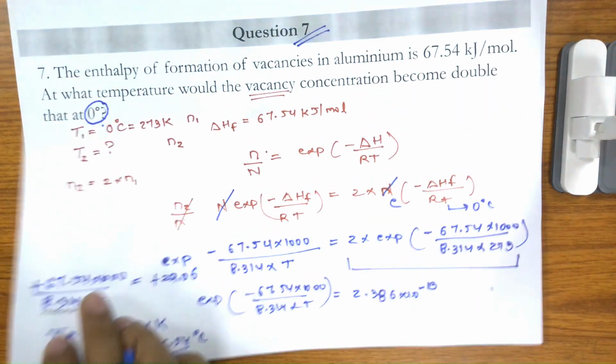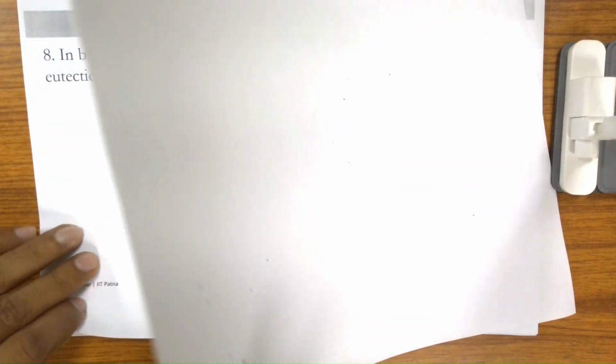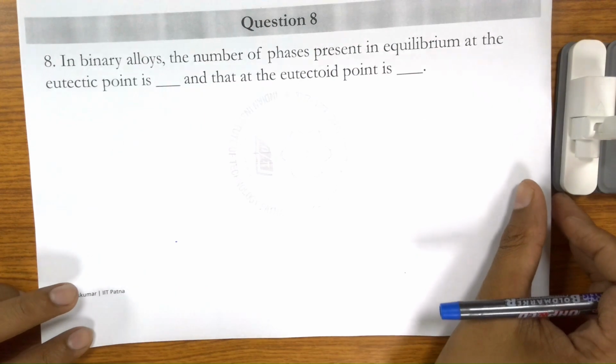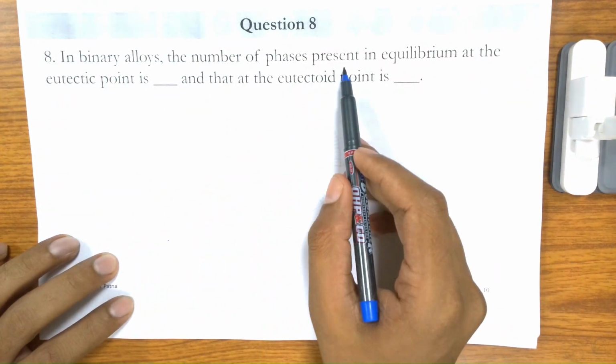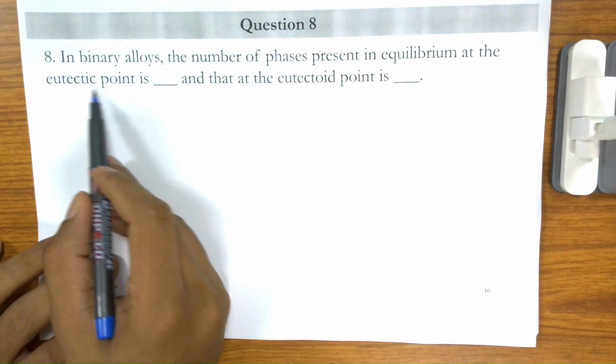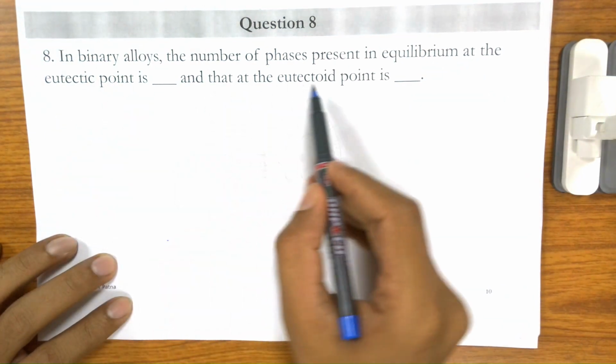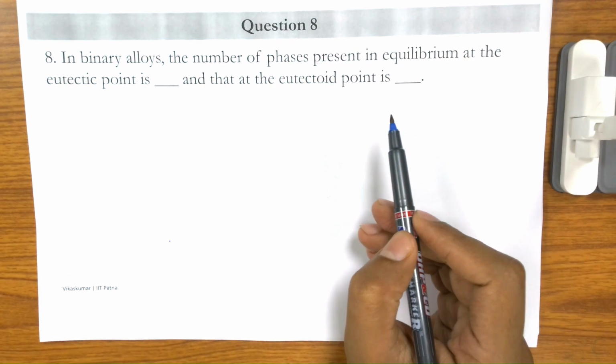Let's move ahead to question number 8. In a binary alloy, the number of phases present in equilibrium at the eutectic point and that at the eutectoid point is how many phases?